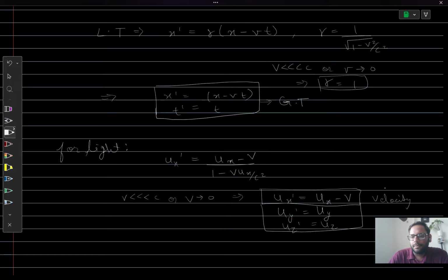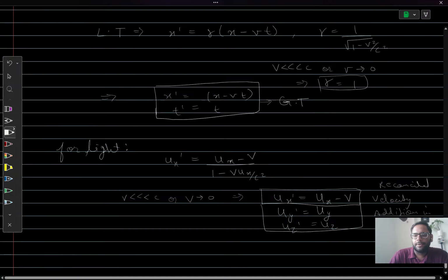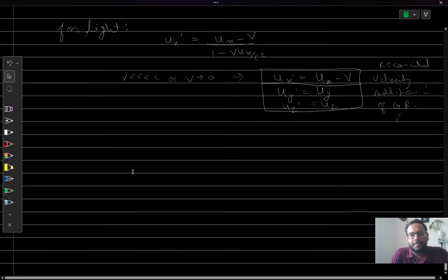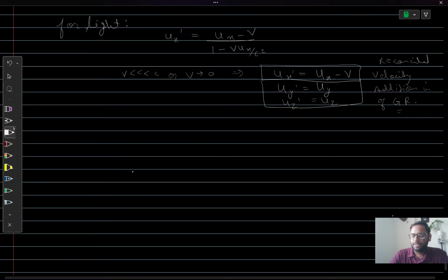Again, we have reconciled the velocity addition rule of Galilean relativity. This is not general relativity, this is Galilean relativity. I think you understood this.